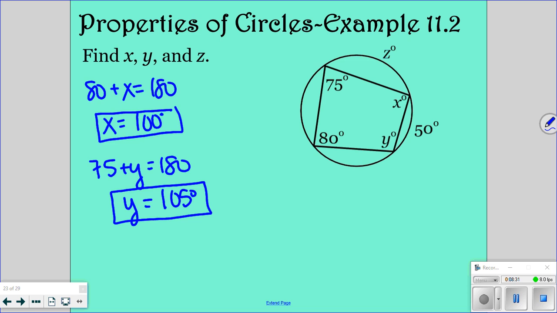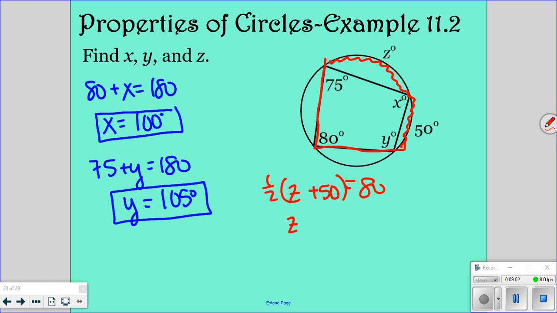The next thing you would want to use is going to be dealing with your intercepted arcs. So we have this inscribed angle right here, and then it has an intercepted arc that is here. So this is half of this whole thing. So z plus 50 is going to be, when you take half of it, equal to 80.